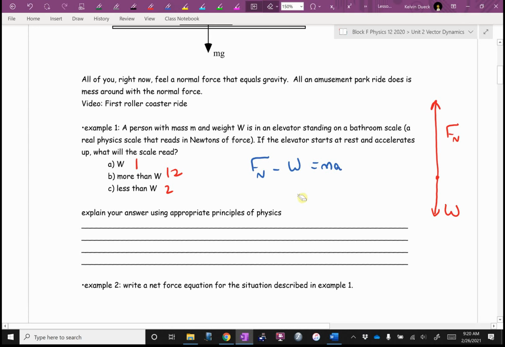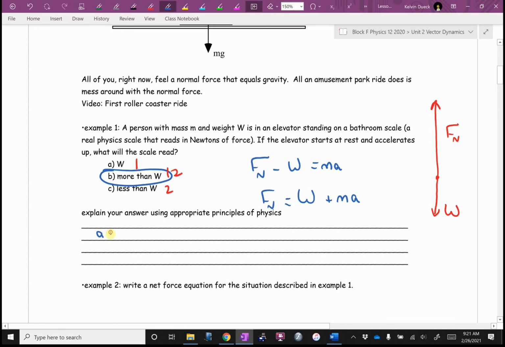So let's get the Fn by itself, because that's really what this question is asking. I guess the normal force is going to be your weight plus ma, or ma plus your weight. I don't care. Well, this would be your weight if there was no acceleration. But if we're accelerating, it's got to be more than that, because we're adding to this, yes?